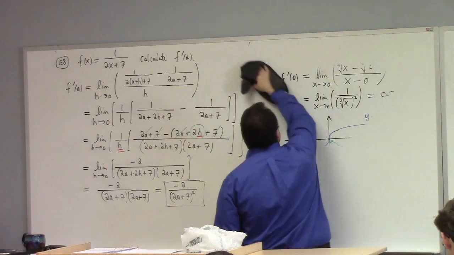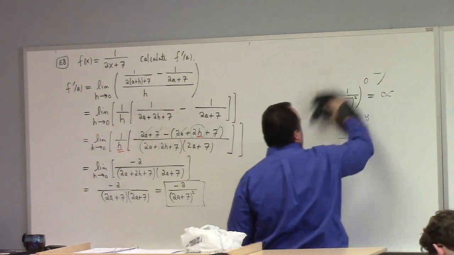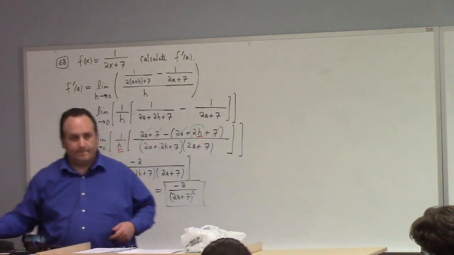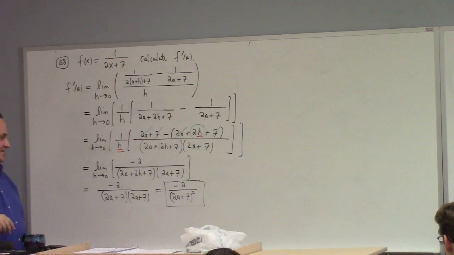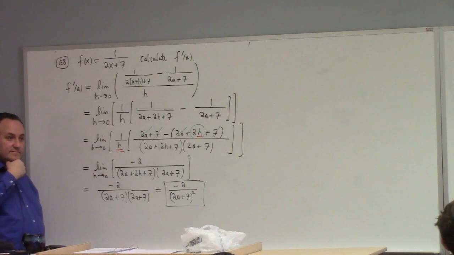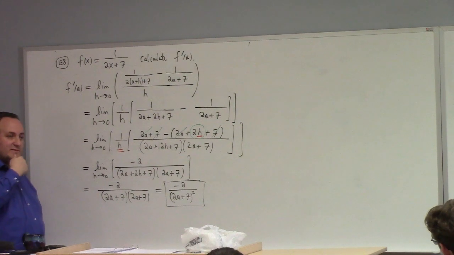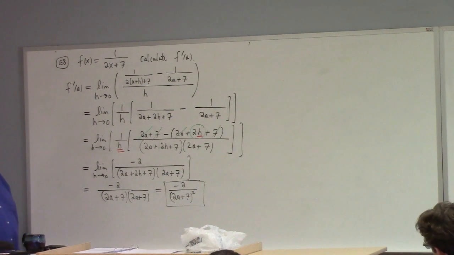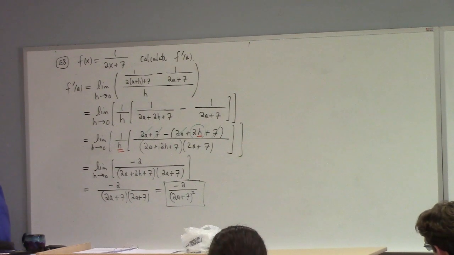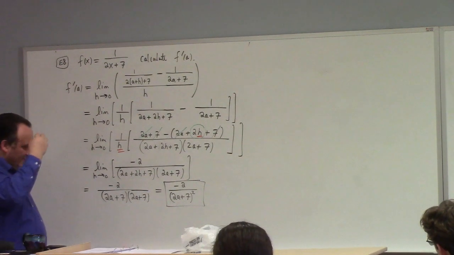Now, there is some fine print on that example. What could a not be equal to? Zero's fine. What's that? The whole quantity can't be equal to 0. Well, that's true also, but what can a not be? Negative 3.5.